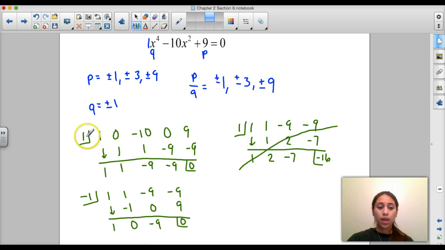So now we know that 1 is a factor of our original polynomial and negative 1 is a factor, or a root. Now notice our original equation was x to the fourth. When we found that 1 was a factor, we came up with this quotient, which means this first value would have been x to the third. Then we tested negative 1, and our new quotient would have started with an x squared.